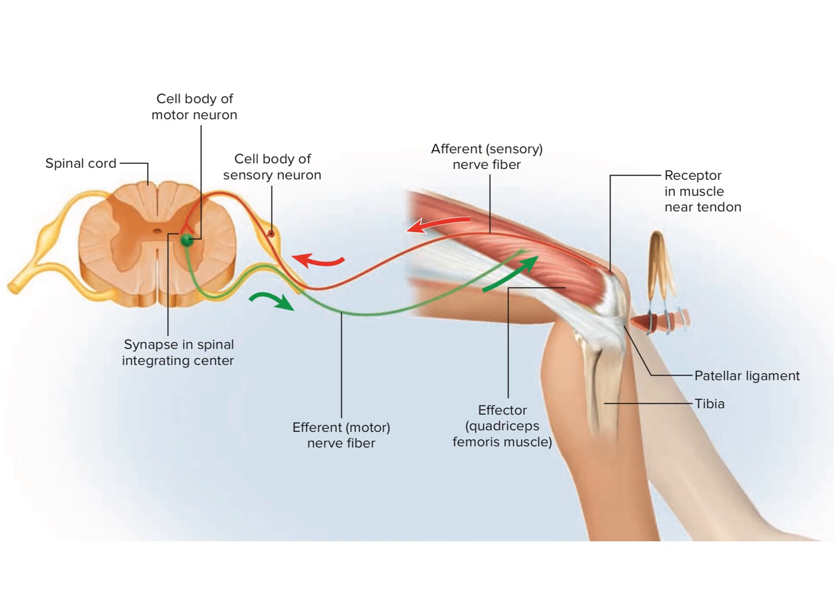This is a direct reflex, as you can see. You have only one synapse, and it immediately synapses with a motor neuron, and the motor neuron is going to cause the contraction of the muscle, and hence the elevation of the leg.